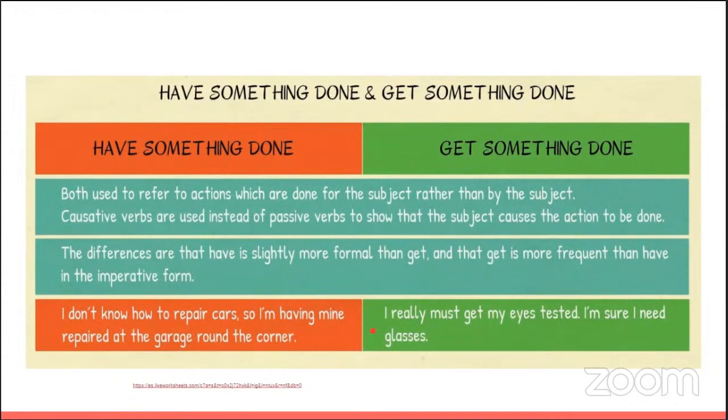I'm sure I need glasses. So this is it. The difference is the formality. Have is more formal than get. And get is more frequently used in imperative form. For example, if I would like to change this statement into imperative: get your eyes tested.